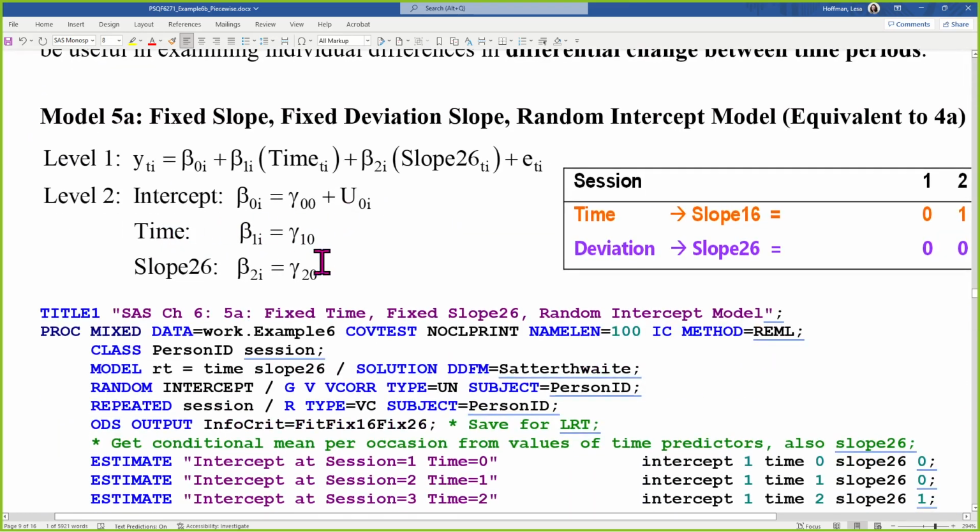So in adding the random effects, the random effect that would go here for U2 is not going to tell me individual differences in change after session 2. It's going to tell me individual differences in how much the slope changed after session 2. Not individual differences in the slope, individual differences in how the slope changed. If that's what you want to know, this is how I would set it up.